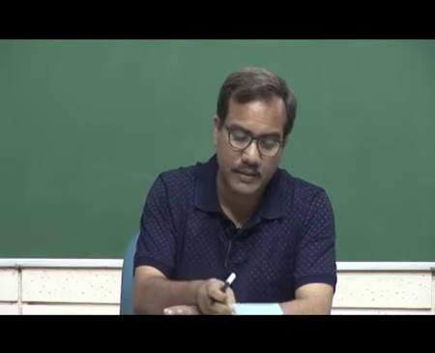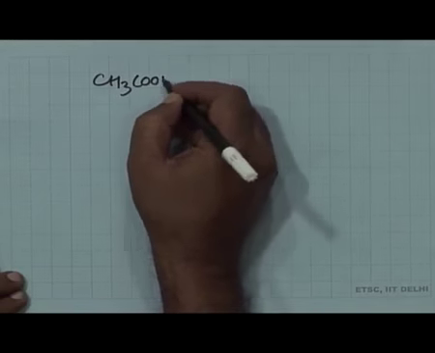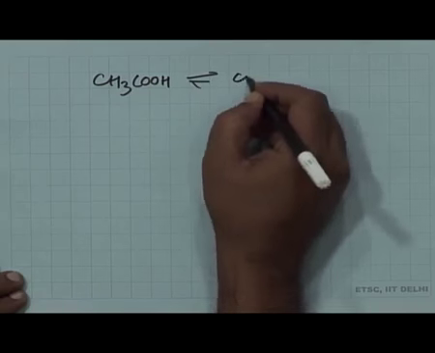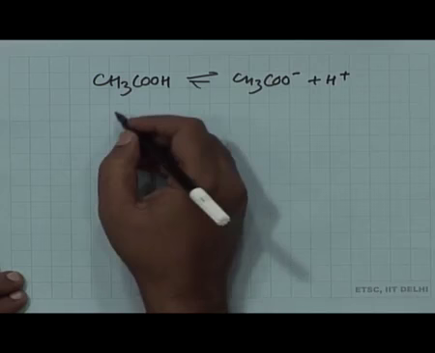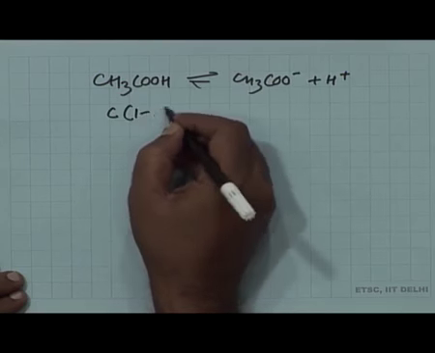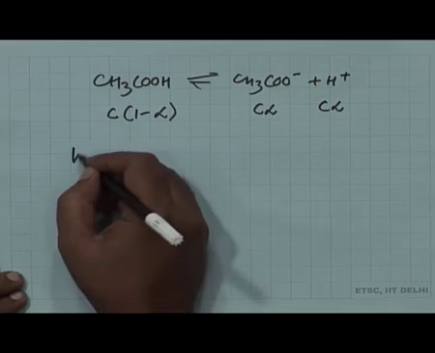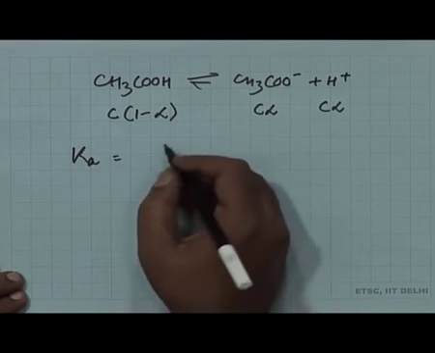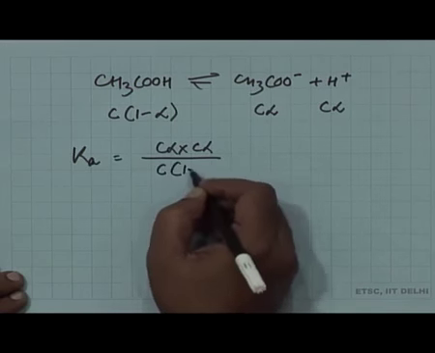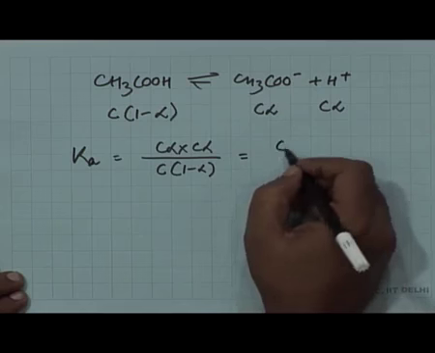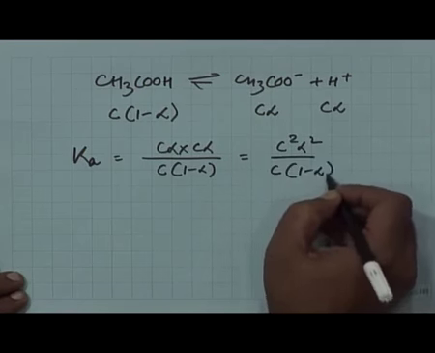Let us again write this equation: CH3COOH giving you CH3COO minus plus H plus. What you are left with is C into 1 minus alpha, and here you will get C alpha. So, Ka is equal to C alpha into C alpha by C into 1 minus alpha, and this is C square alpha square by C into 1 minus alpha.